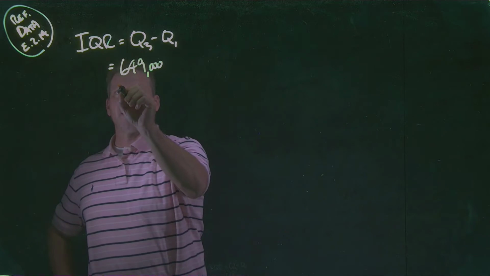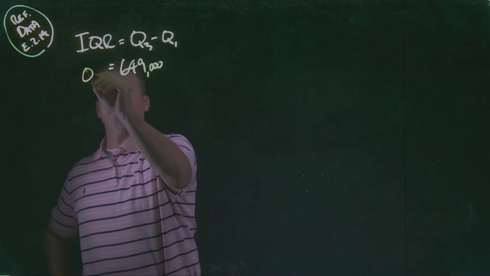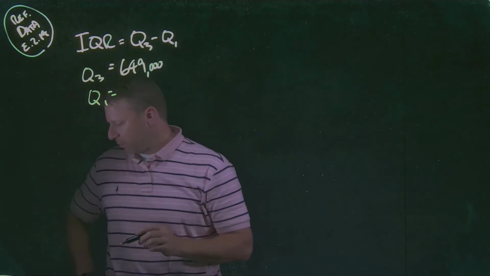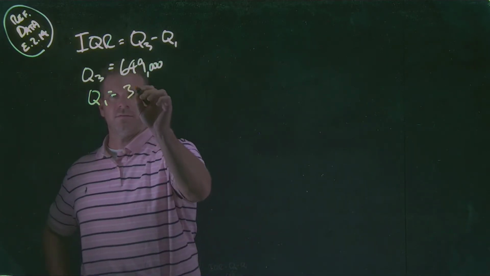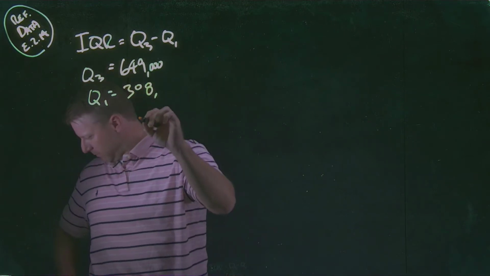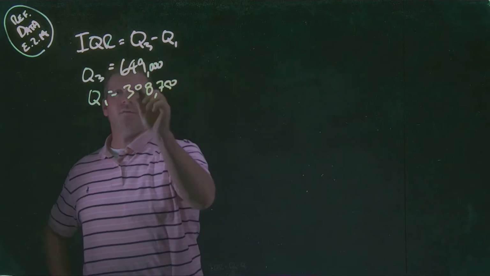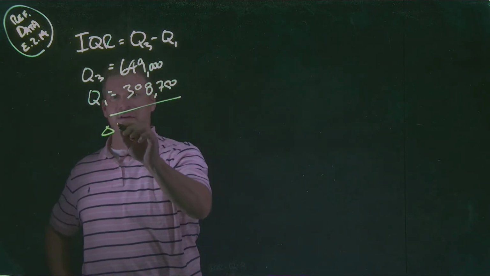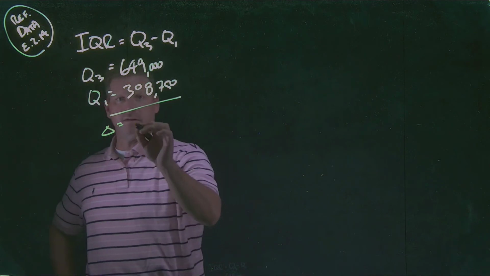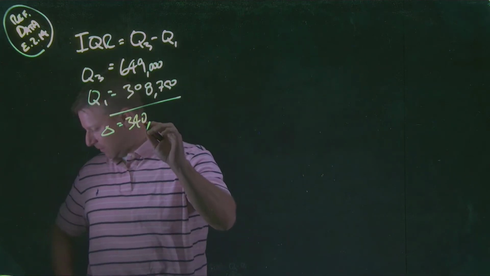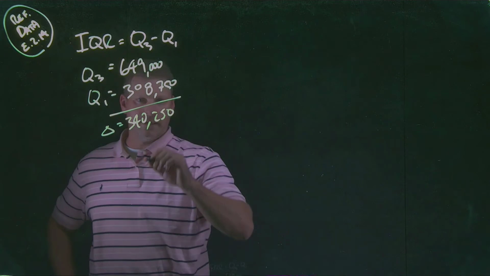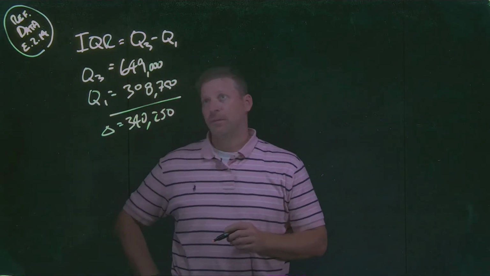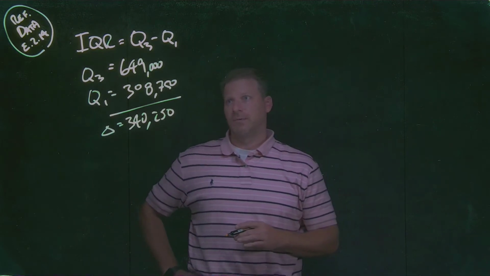If we subtract out our first quartile value, which was 308,750, our difference ends up being 340,250. That is our interquartile range, all right? Very simple concept and idea.